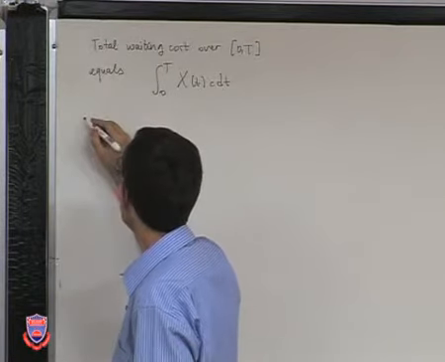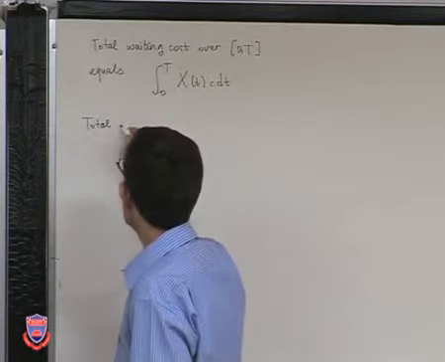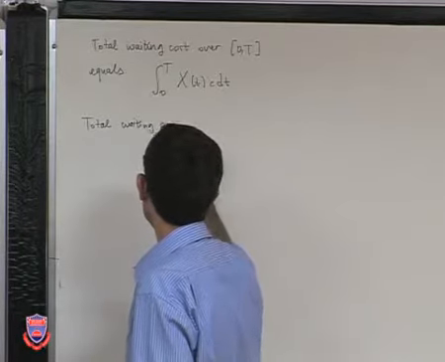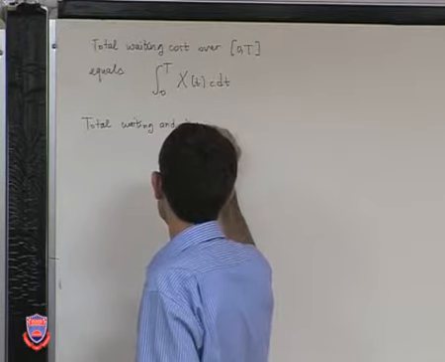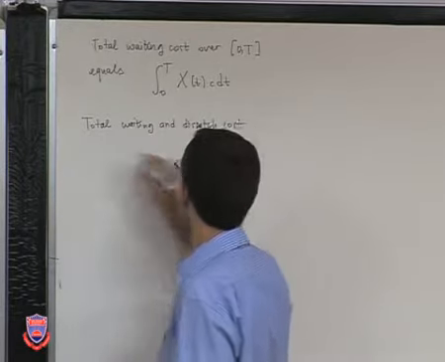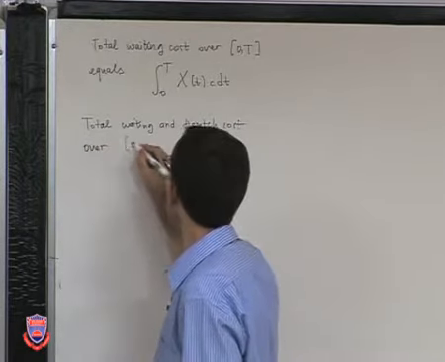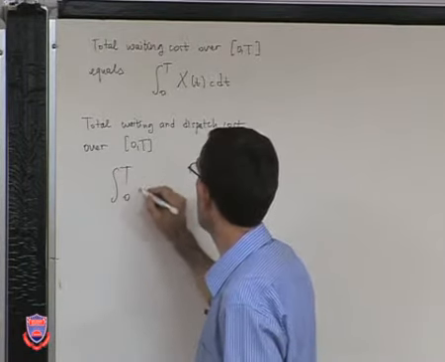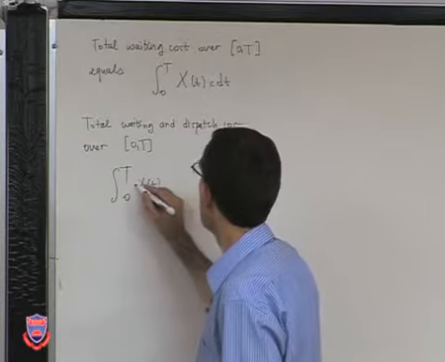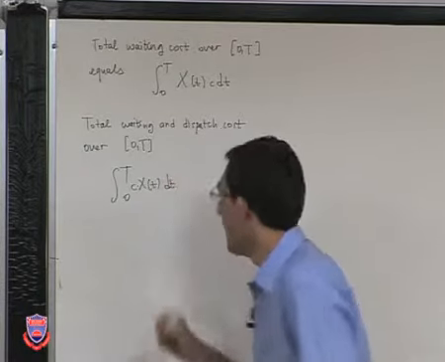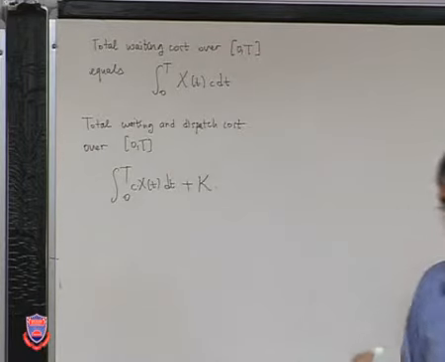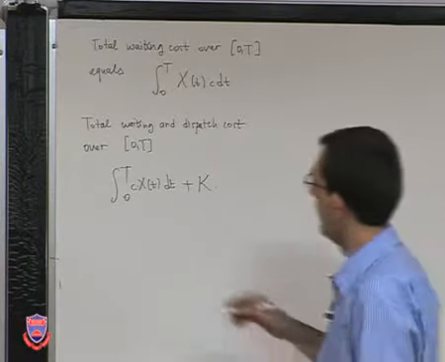Then if you want to calculate the expected cost, or maybe I should not touch that yet. So now the total waiting and dispatch cost over the interval from 0 to t is given by, well, we know now that this is the total waiting cost, and we only have to add the dispatch cost to find the total cost.